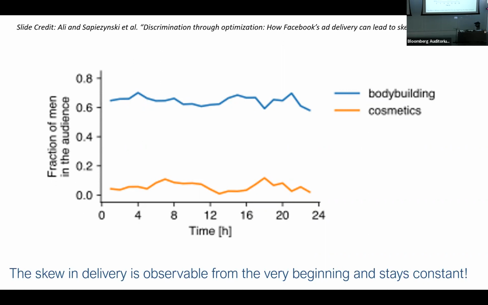What this is showing is the advertisement over time. This advertisement ran for at least a day, and this shows the fraction of the audience in each ad that was men. Breaking it down by time, there are no differences between hour 1 and hour 24.